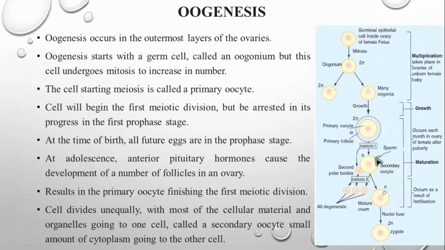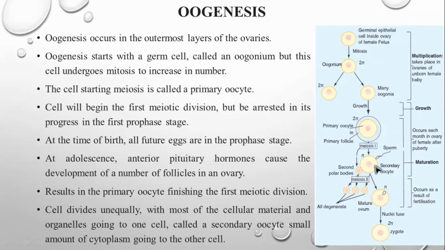If it does not get fused with the sperm, this secondary oocyte will be moved out by the process of the menstrual cycle. At that time only, your ovum becomes a fertile or matured ovum. Until then your ovum is not mature.